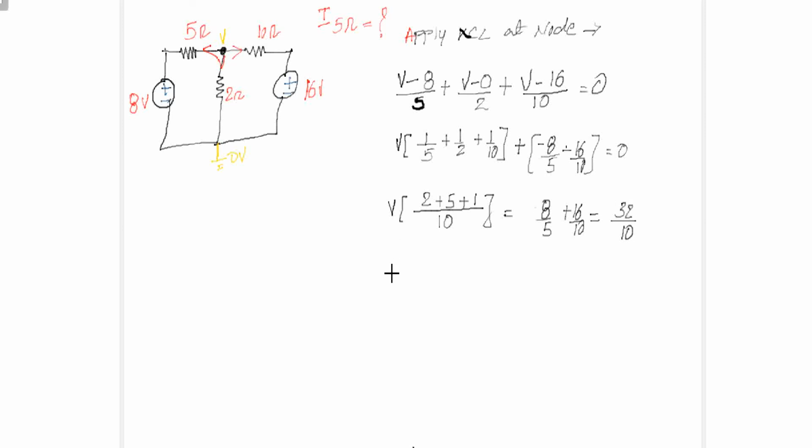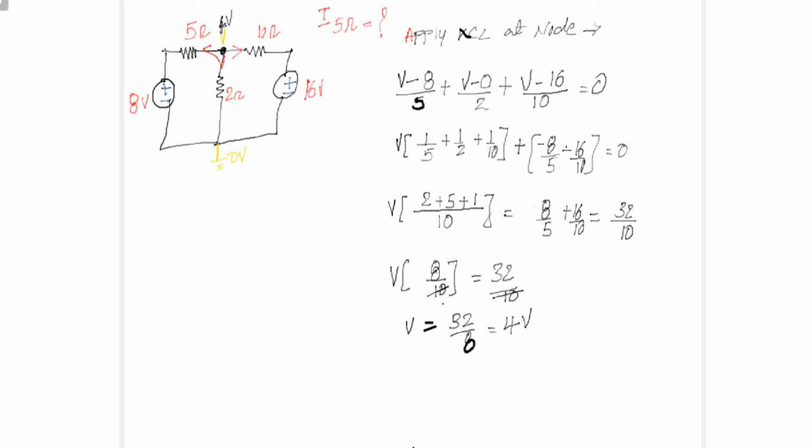On the left, 2 plus 5 plus 1 is 8, so V into 8 by 10 is equal to 32 by 10, and the 10 gets cancelled. What will be the value of V? 32 by 8, which is 4 volts. It means here you have the voltage 4.